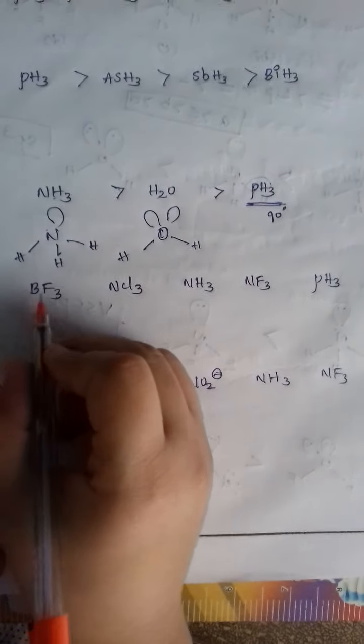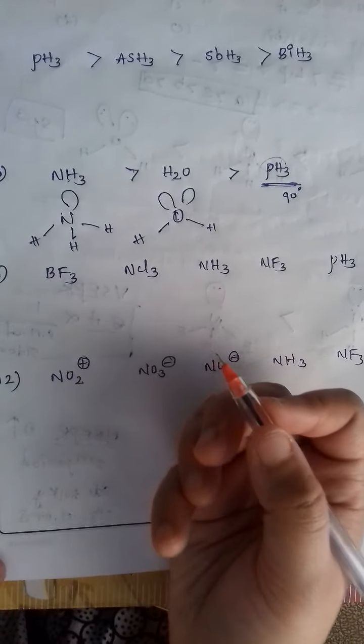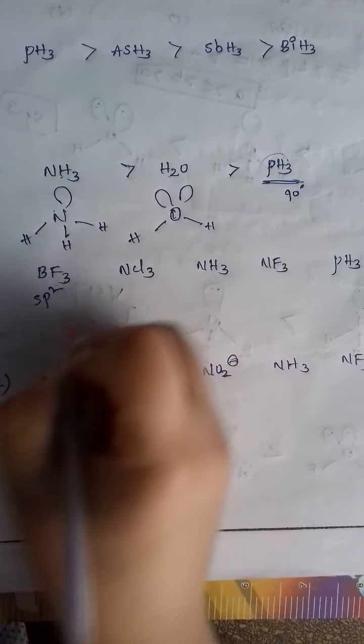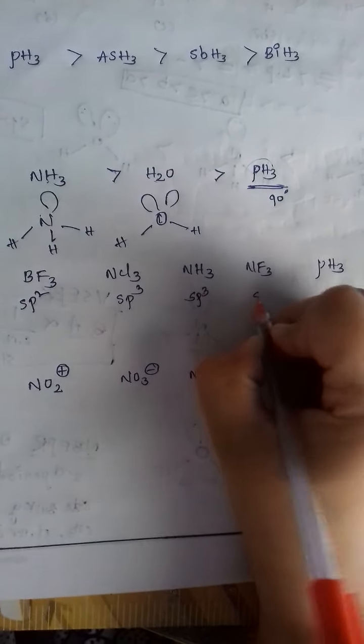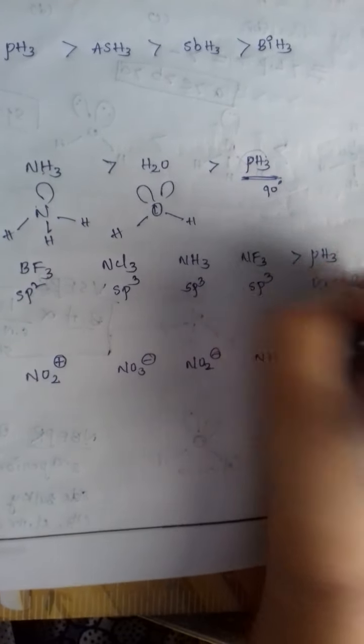And now this we need to see. First we always see the hybridization. BF3 will be sp2, and here this will be sp3. Same sp3, this is Drago, always less.